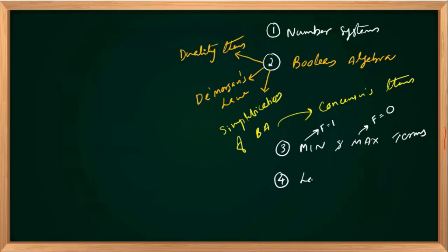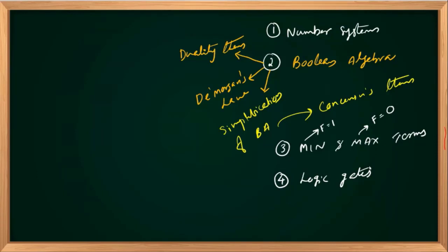Then we will get into logic gates. We will be discussing basic logic gates, how to interconnect the different logic gates, how to find the output expression of a gate network, how to identify the min terms corresponding to the output of a given logic gate diagram.